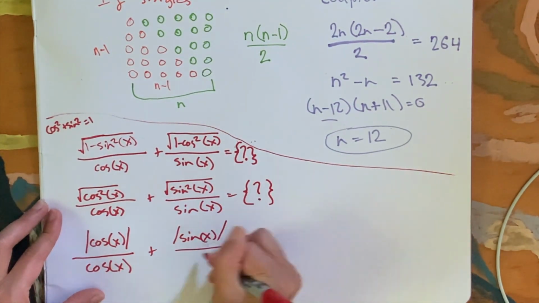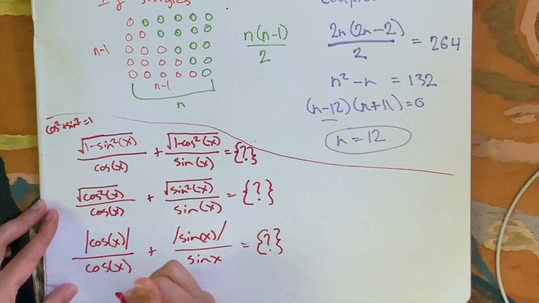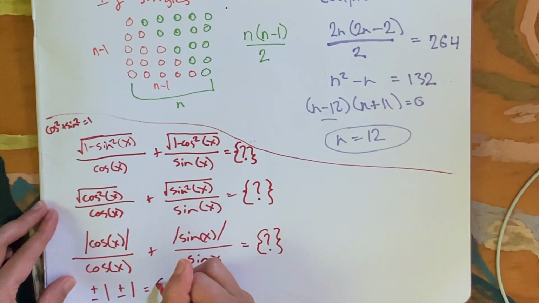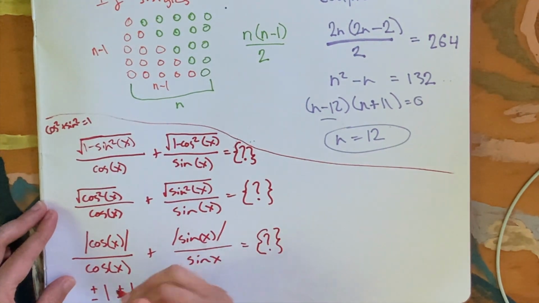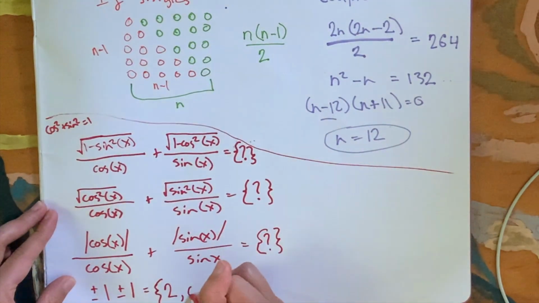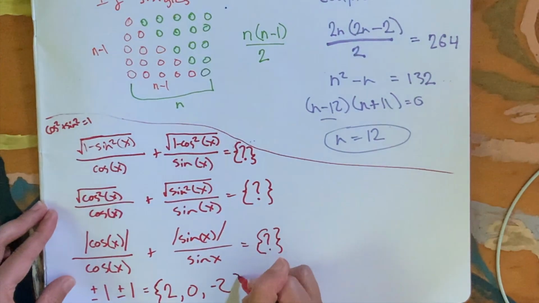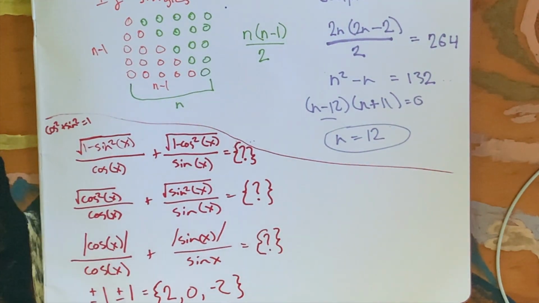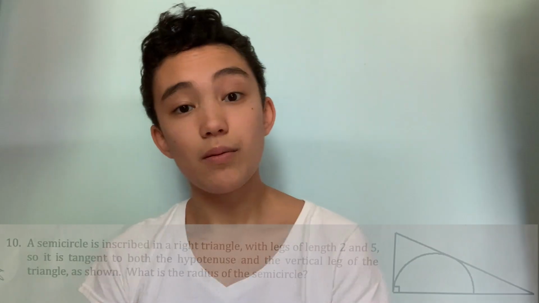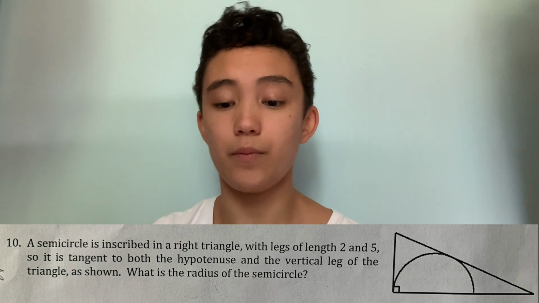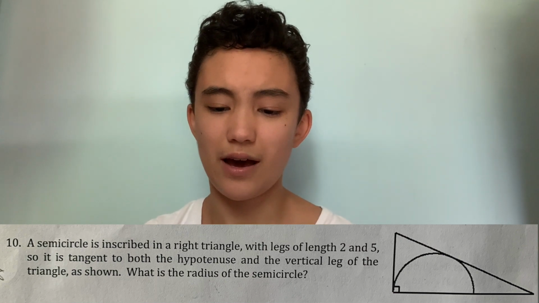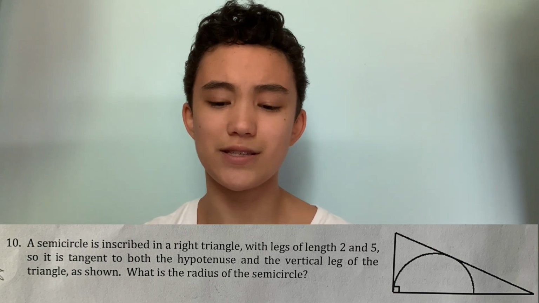Now each of the fractions can either be positive or negative 1, and therefore your options for a solution could be plus 1 to 2, or plus and minus getting you 0, or minus and minus giving you negative 2. There's 3 options.